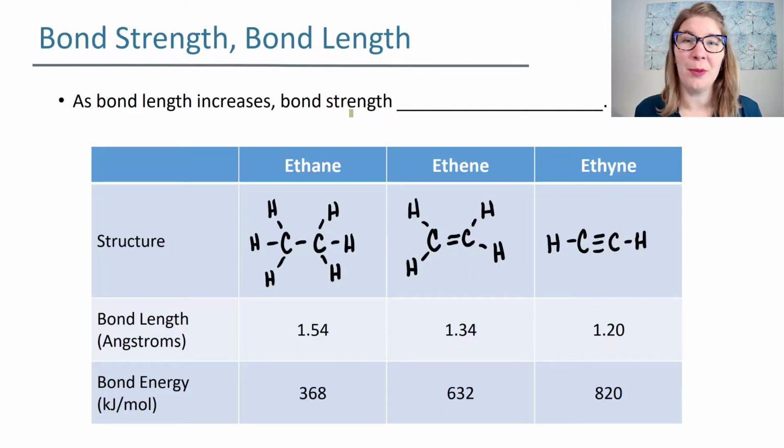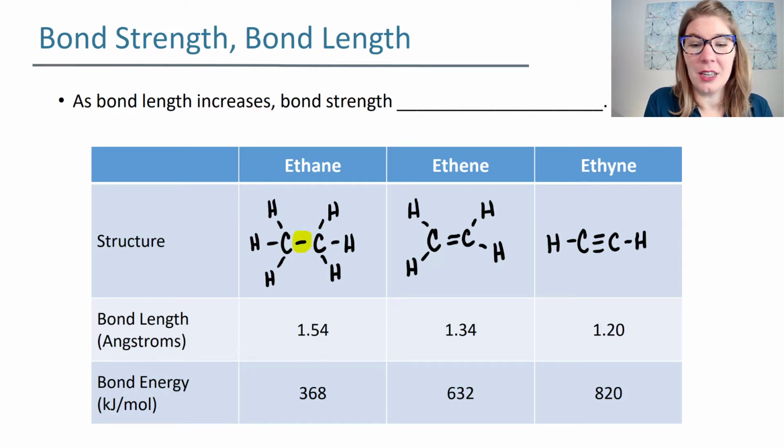Instead, we'll wrap up with a little bit of a trend that's going to help us when we get to resonance in a later video. Just a quick reminder from general chemistry, the relationship between bond length and strength. If we compare ethane, ethene, and ethine, what we're seeing here is a single bond, a double bond versus a triple bond.